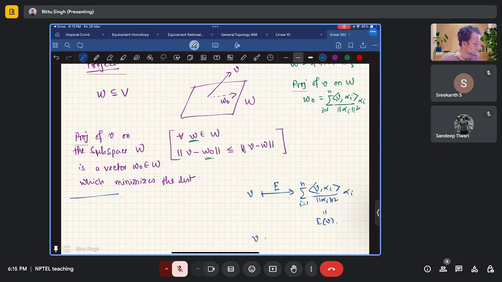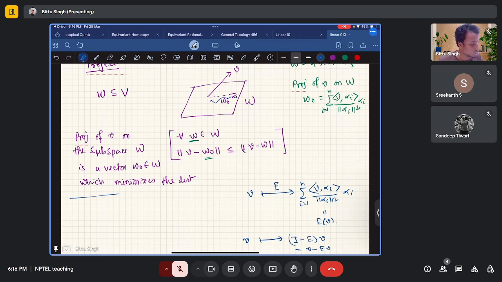Another thing you can define is to send V to I minus E of V. I minus EV is I times V, which is V minus EV, and EV is the same as this W0.